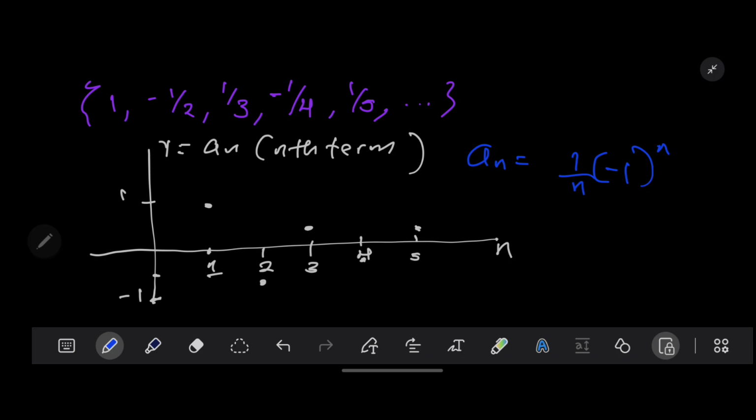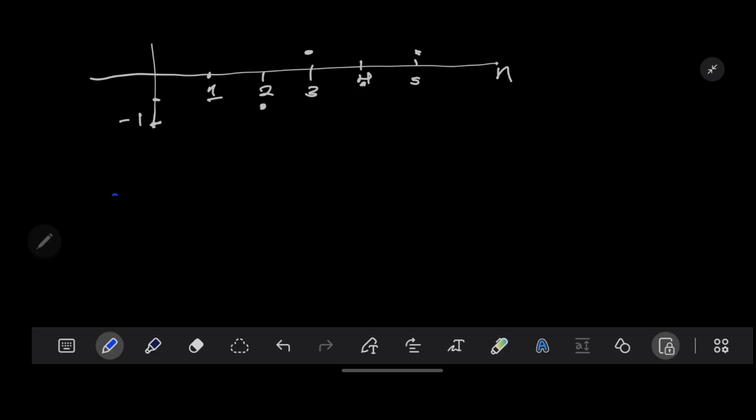So in order to combat that, instead of n, we'll have minus 1 raised to the power of n plus 1. So that's a formula for a_n. So our a_n is equal to 1 over n times minus 1 raised to the power of n plus 1.